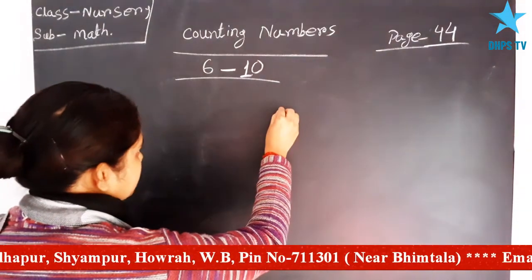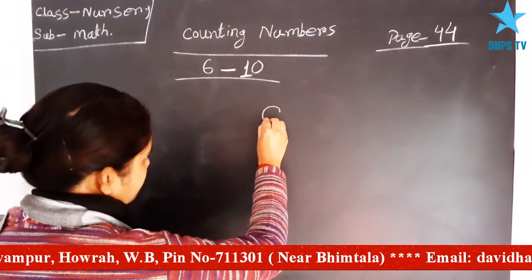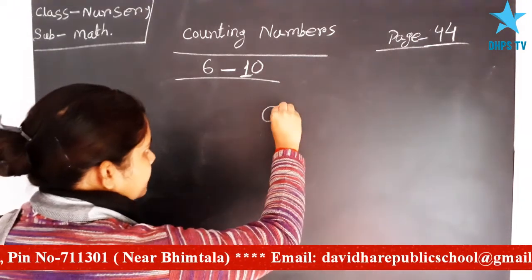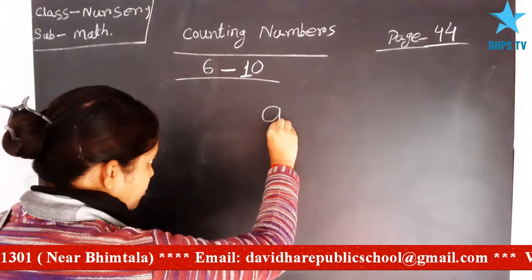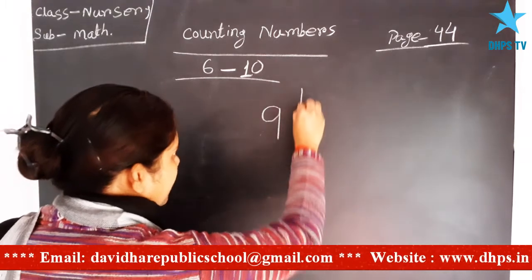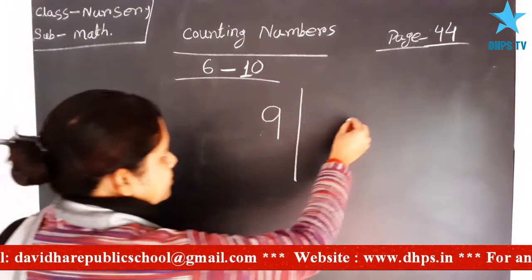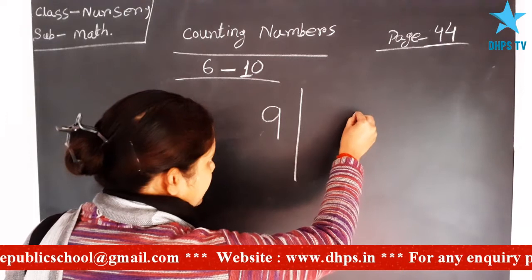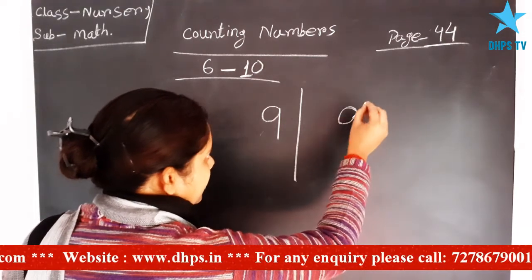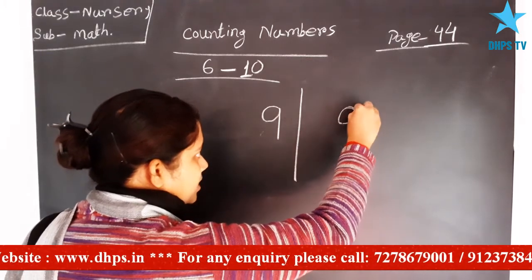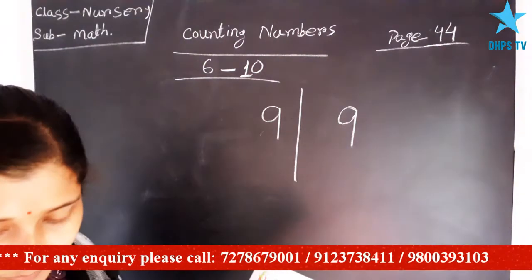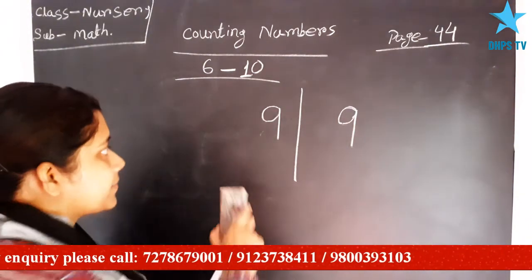Start with a point and make an oval shape like that, and then from the same point draw a straight line. Again I am writing the number. Please concentrate. Start with a point and make an oval or circle like that, and then from the same point make a straight line. So it makes the number 9.